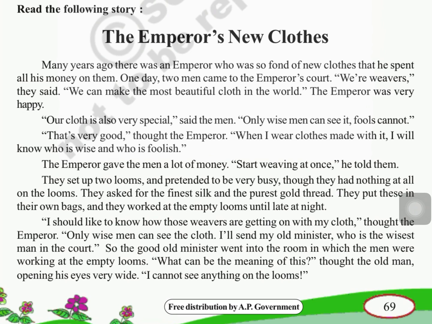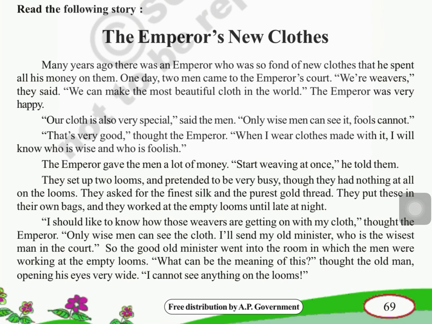All were provided to those two weavers. Then they kept everything in their bags and worked at the empty looms until late at night. They pretended as if they were working.